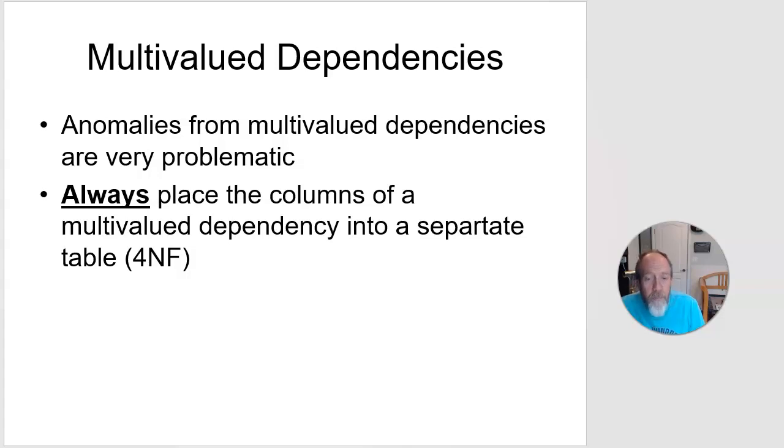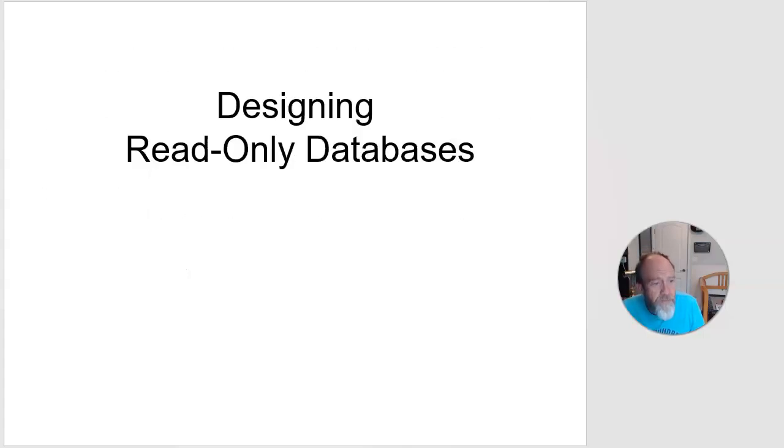Well, you do it based on how the data is going to be used. Because if you break those phone numbers out into their separate table, now anytime you want to put a phone number with a name, you're going to have to join those 2 tables. If you keep them in the same table and put 3 columns for phone number, well, you're not going to have to do a join, but you're going to be limited to the number that you put in there.